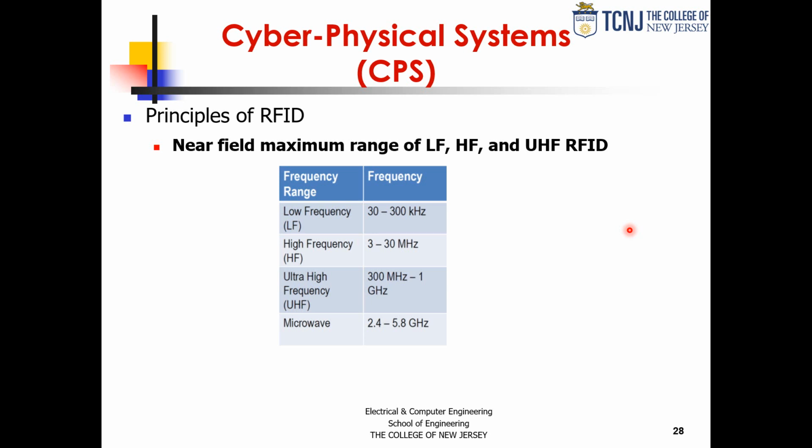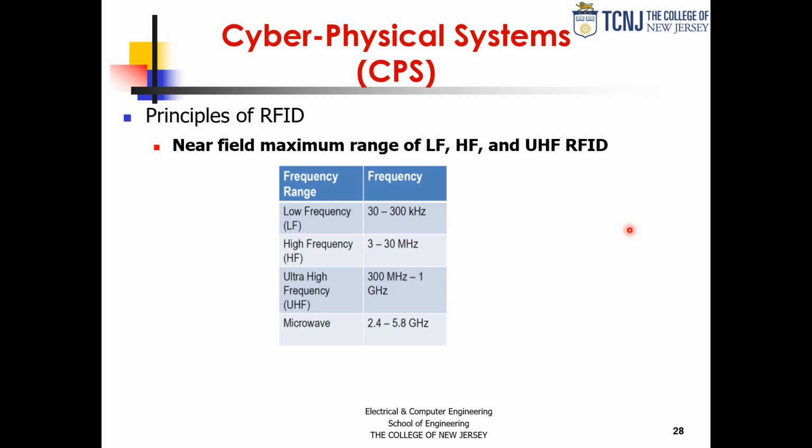So remember, the low frequency, near field, is a couple of millimeters, less than 1 centimeter for sure. The other one, you can have very compact, very nice systems and operate very reliably at 10 centimeters. So scanning books and things like that, very effective.